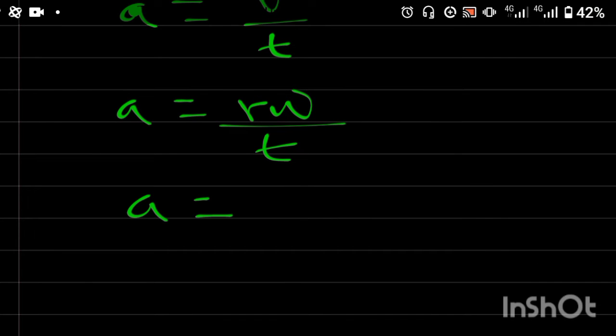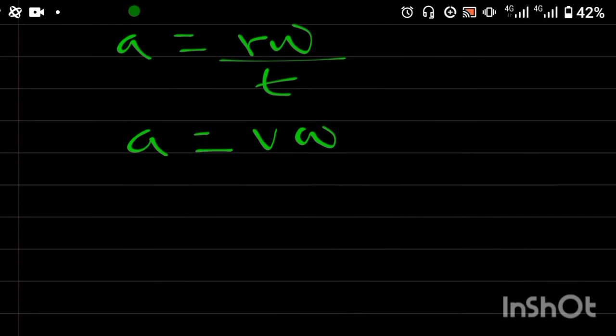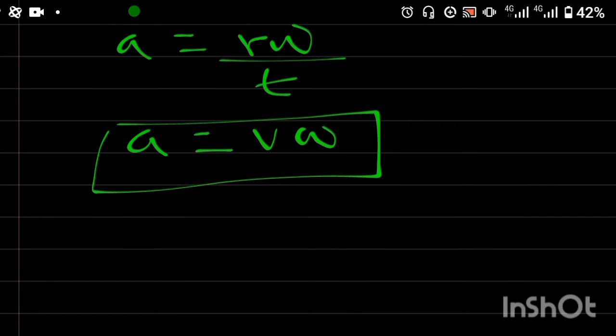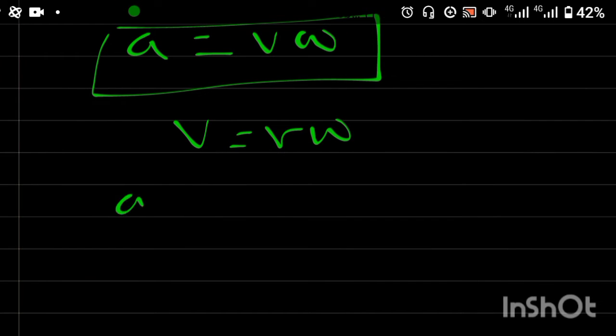R is a distance. Therefore, R over time is actually velocity, then omega. So we've gotten another formula for acceleration. But acceleration can also be given as, because V is equal to R omega, if I substitute this in place of V, my acceleration becomes what?